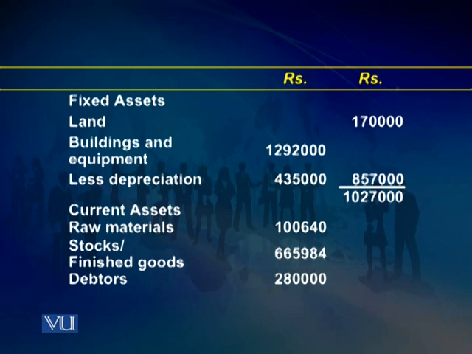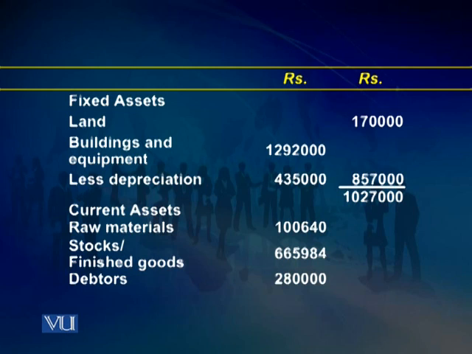This gives the total fixed assets of 1,027,000. We have seen that depreciation is something that adds every year. It's an annual charge, and we will see the working of depreciation and other balance sheet items later on as we look at the workings.